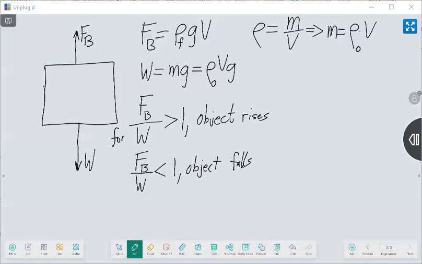Now, let's plug in what we have in our formulas for each of these terms.